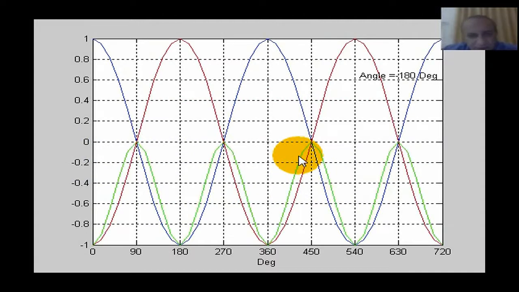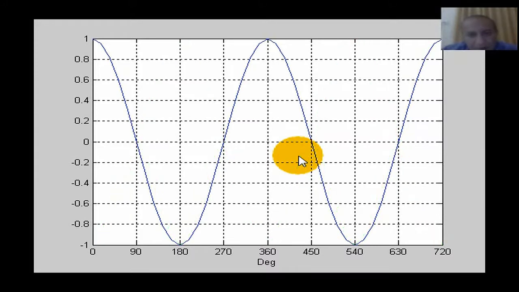Okay, so this demonstrates four quadrants, in fact. 0 to 90 positive, 90 to 180, and 0 to minus 90, the negative, minus 90 to 180.